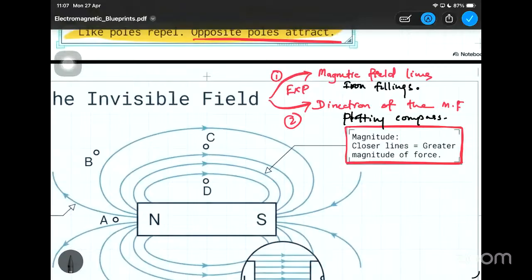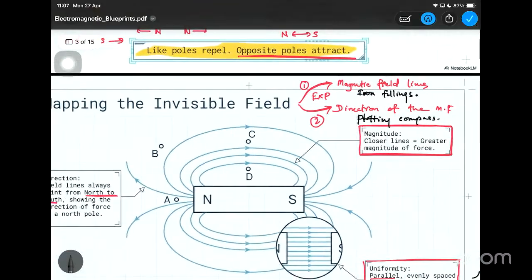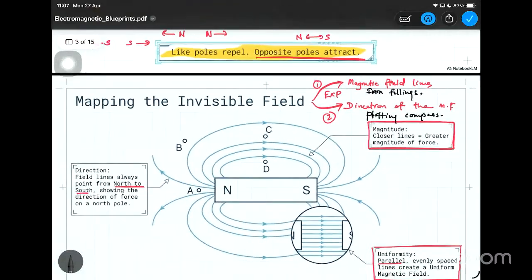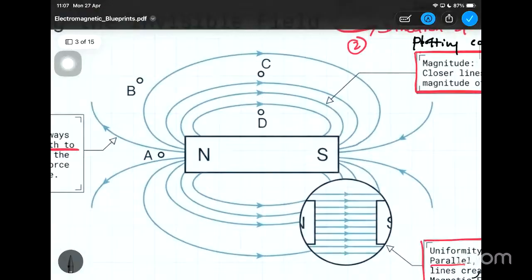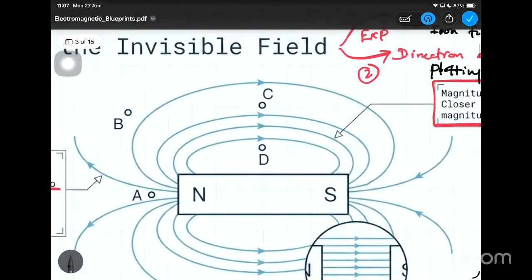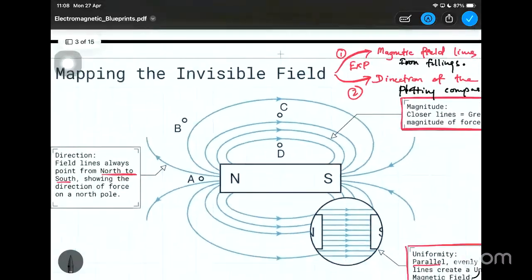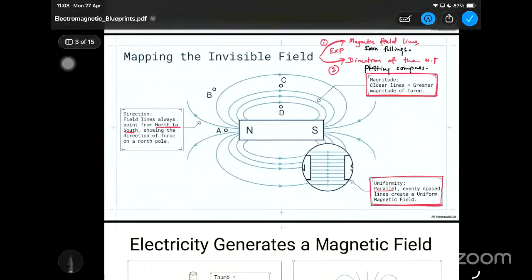There we have different sorts of experiments explained, right? So refer to the textbook and also refer to these sorts of diagrams when you have them. The most important part that you need to remember is that you need to observe the direction of the magnetic field lines, right? So direction is pretty much important. Always remember, pointing from north to south, okay?